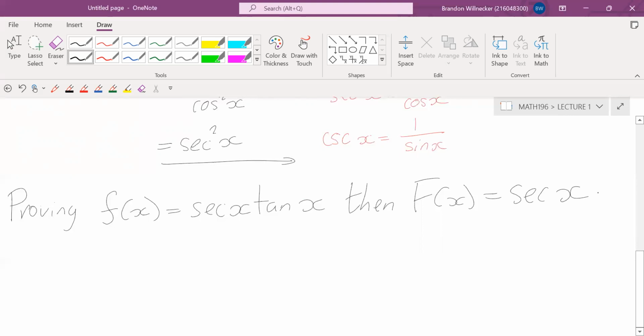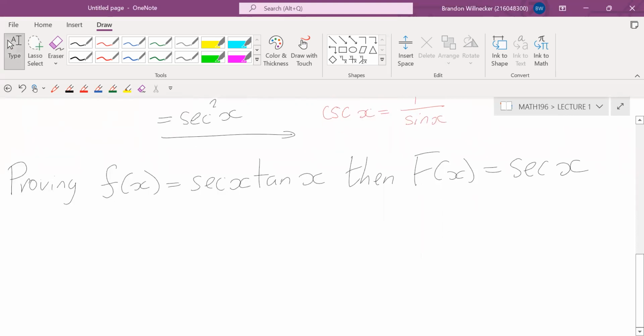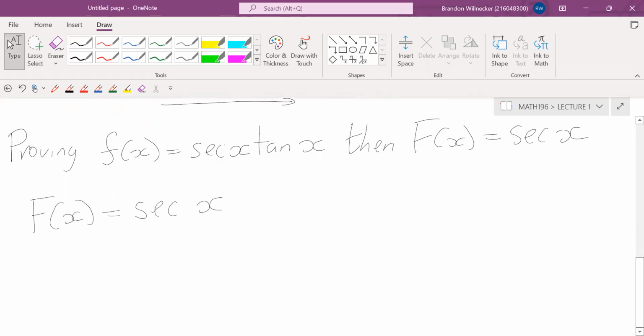So how do we prove that? Well, again, we're going to start off with the right-hand side here, take the derivative, and we should get to the left-hand side. So capital F of x is equal to sec x. We need to find the derivative and show that that is equal to sec x tan x.